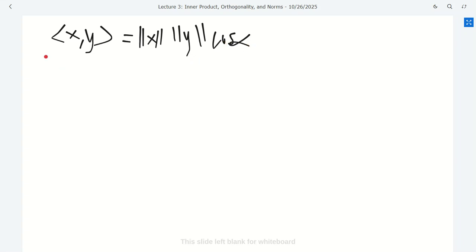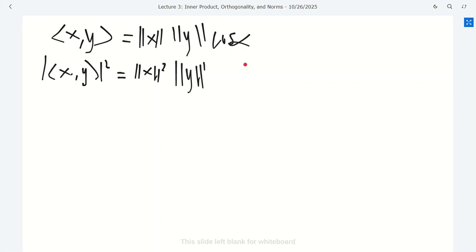If you square both sides, we end up getting this squared, equal to this also squared, then this one also squared. This is cos alpha, so we get cos squared alpha. You get this, right?